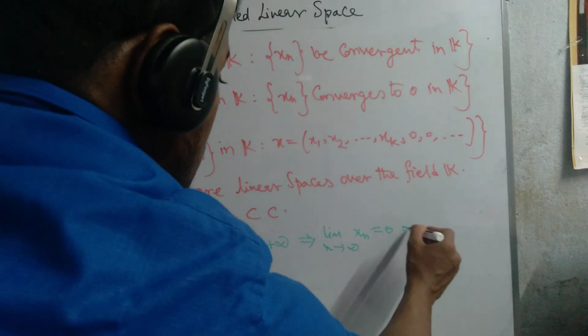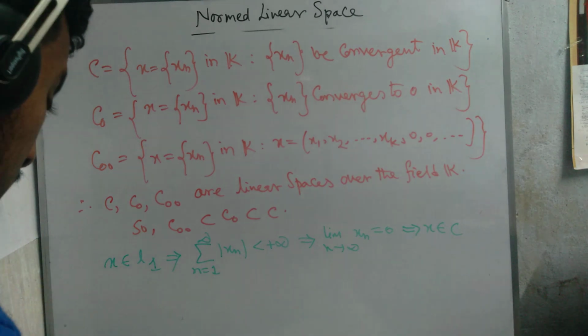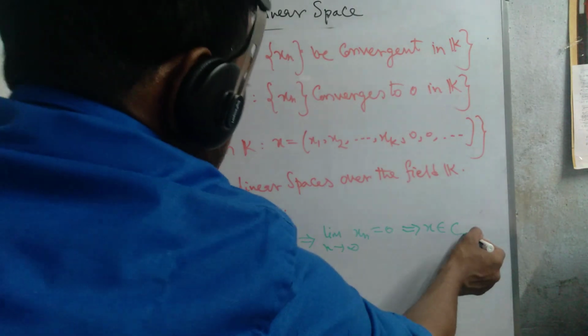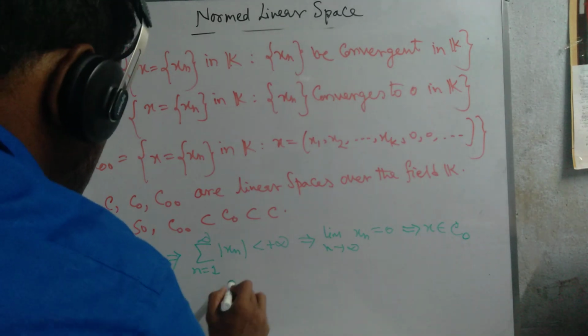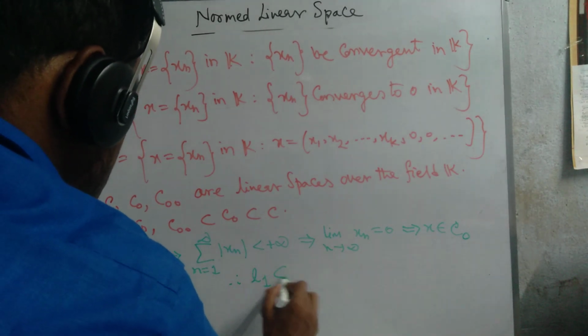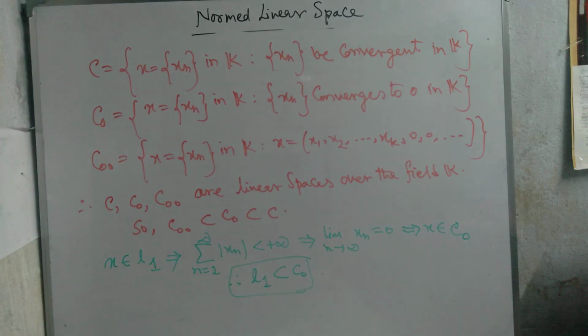This implies x belongs to C0. This one is better because it converges to 0. Then L1 is a subset of C0. We get this point: the L1 space is a subset of C0 space.